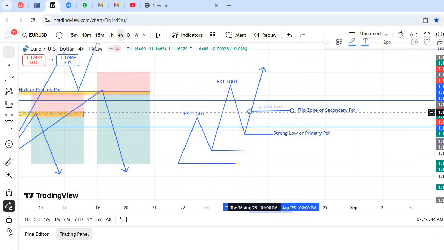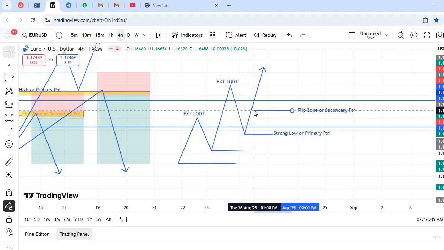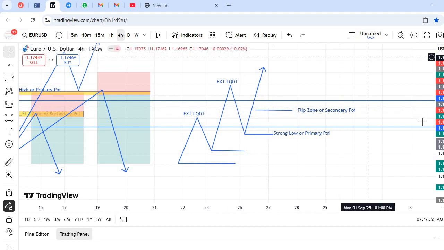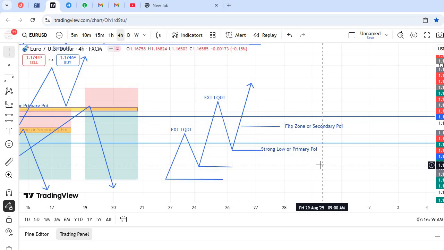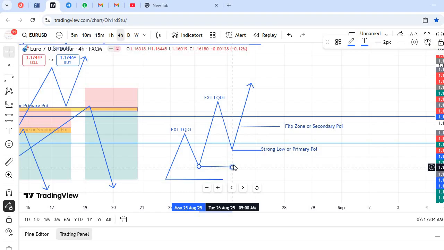Like I said, there's nothing wrong with having two levels. You can't be that perfect to know where the retracement will get to, although there is some confidence you can use. If you want that, register for my one-on-one mentorship. I'm going to teach you that.